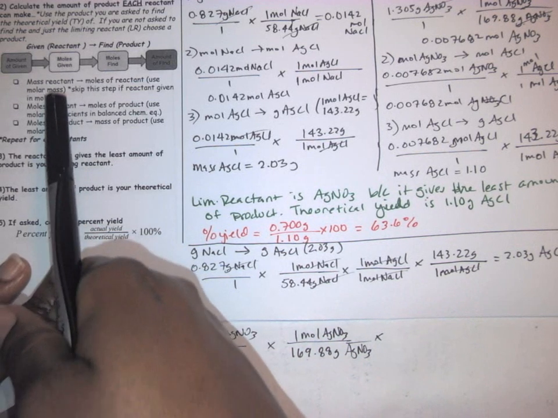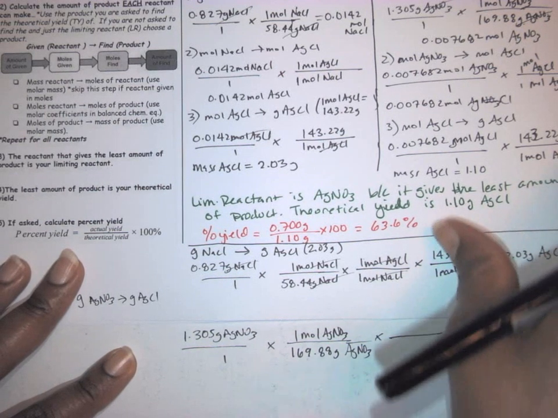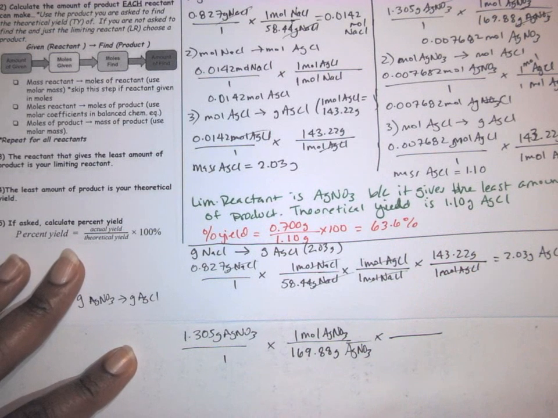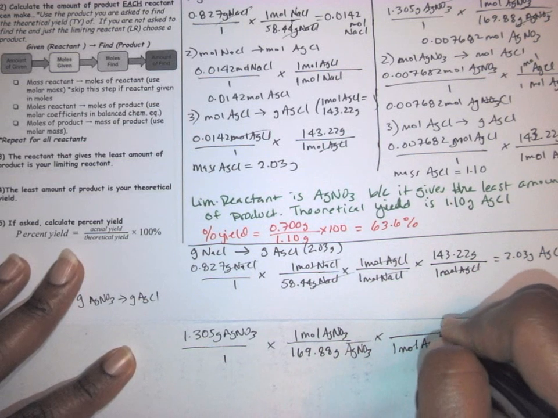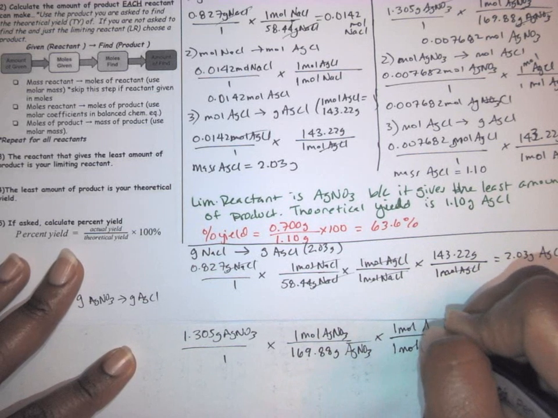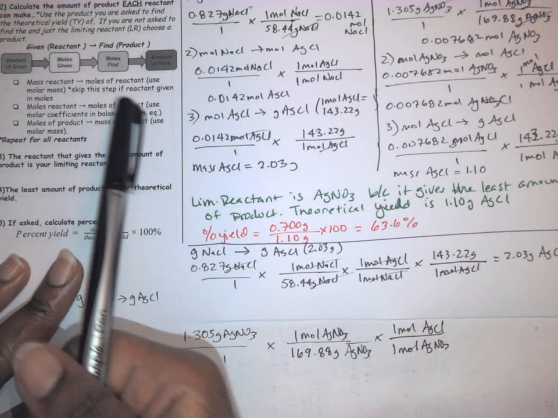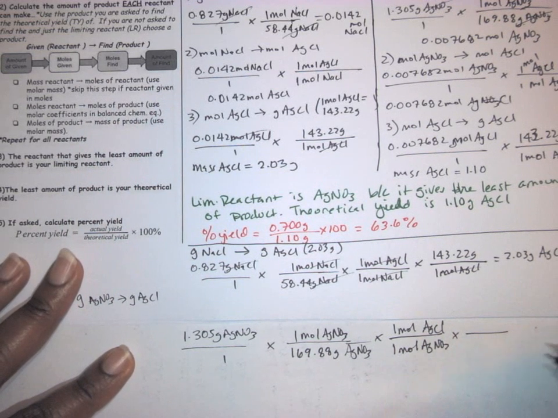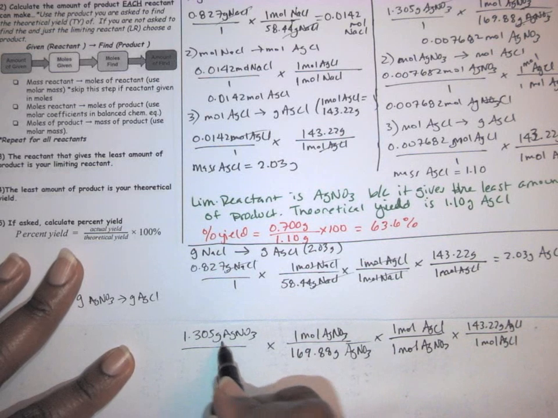Now I have the moles of given. Now I need to go from moles of given to moles of find. For that, use the coefficients in the balanced chemical equation. As I said, all the coefficients are 1, so that's super easy: 1 mole of AgNO3 and then 1 mole of AgCl. The last part is to convert from moles of the find to the mass of find using the molar mass: 143.22 grams of AgCl over 1 mole of AgCl.